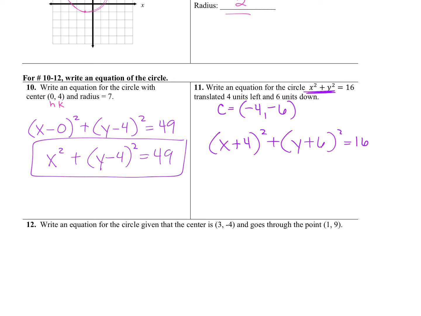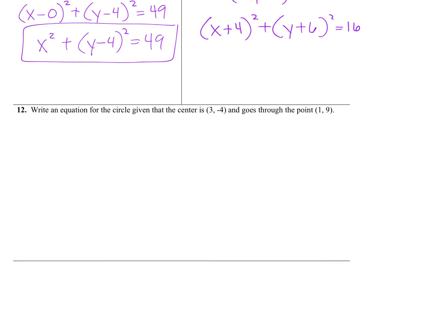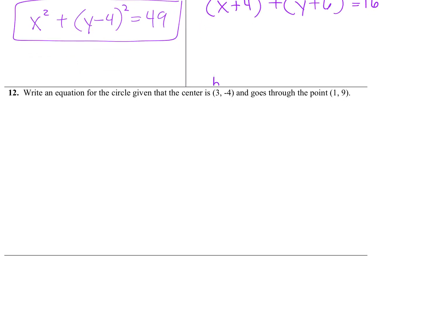All right, and then last one of these, this is probably the one that gets done wrong the most just because it has the most steps to it. They give you a center, right? So this is your H and your K, and then they give you a point. What is that point in terms of variables? X and Y, okay? So I always say write the answer first just because so many people try to put X and Y in their final answer as a number.